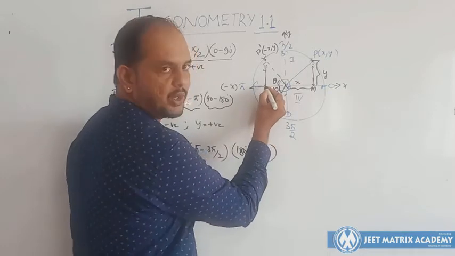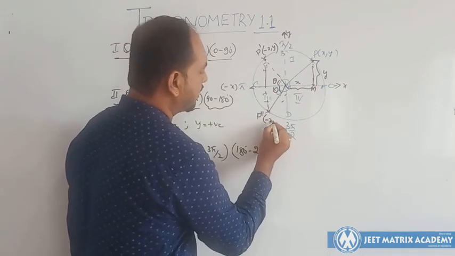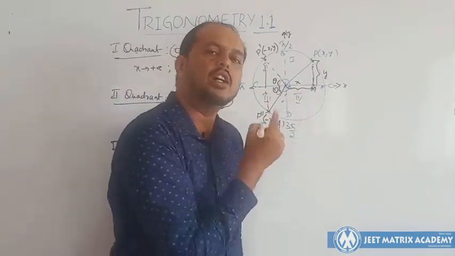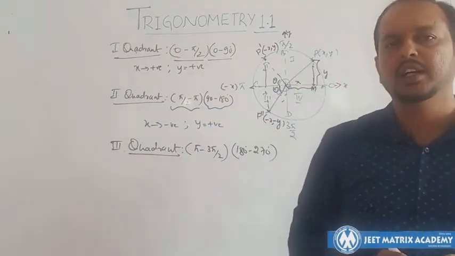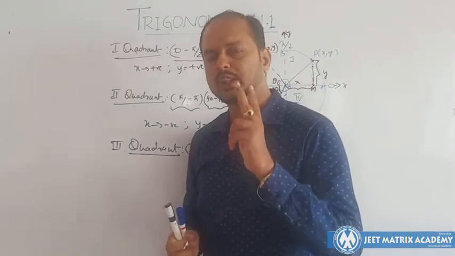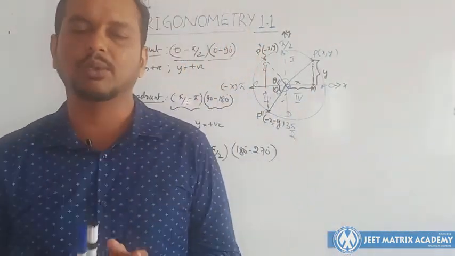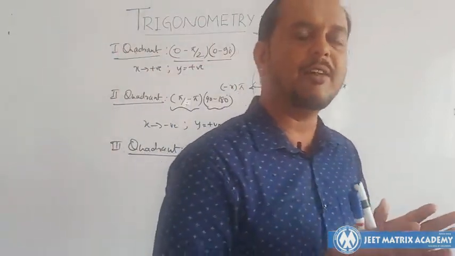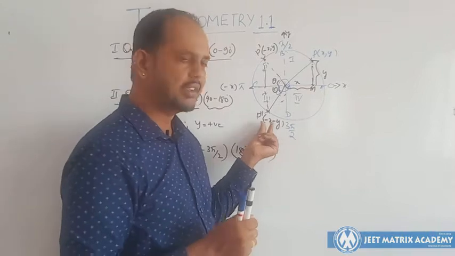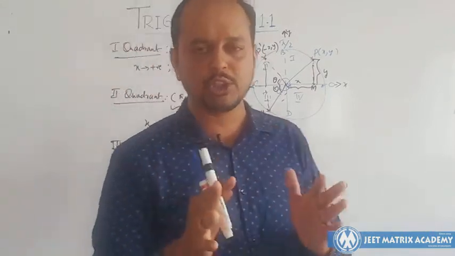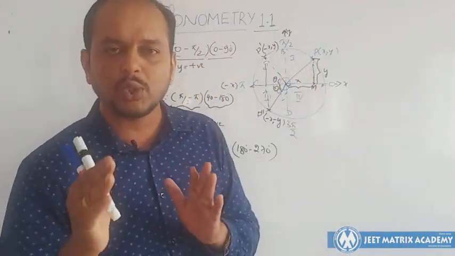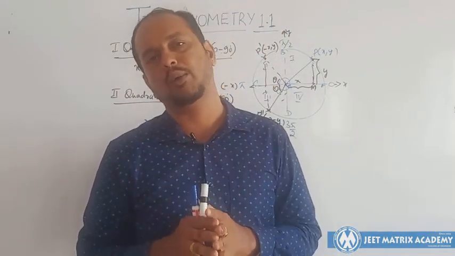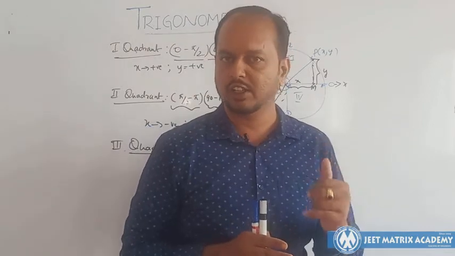This will have negative x as well as negative y. The y coordinate is negative and the x coordinate is negative. That means if both the x coordinate and the y coordinate are negative, then you can directly say your point is lying in the third quadrant. So remember this. This is the most important thing in trigonometry. You should know exactly where your point is lying, either in the first quadrant, second, third or fourth.